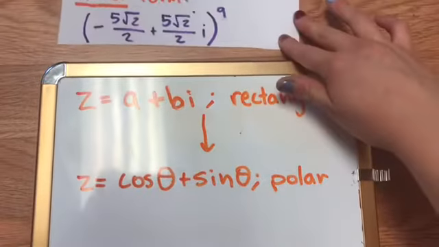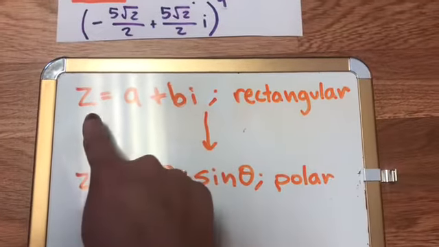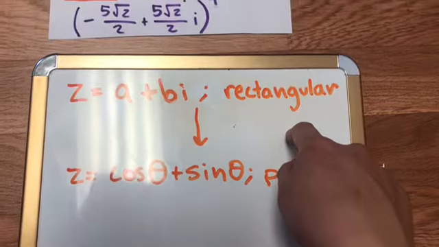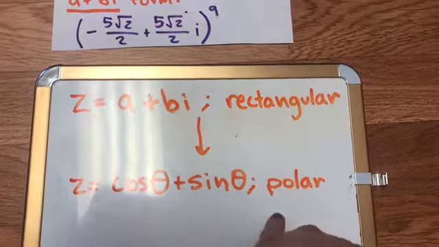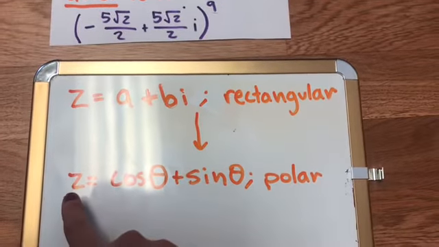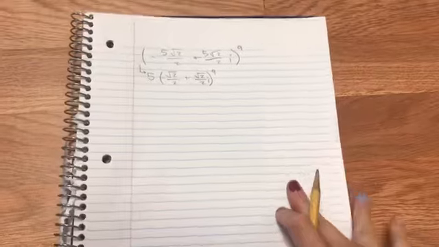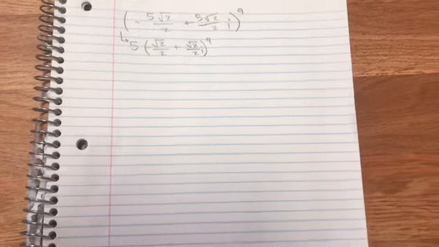The expression is given to us in rectangular form, which is z equals a plus bi, but to use Euler's formula, we want to change this to polar form, which is equivalent to z equals cosine of theta plus i sine of theta.